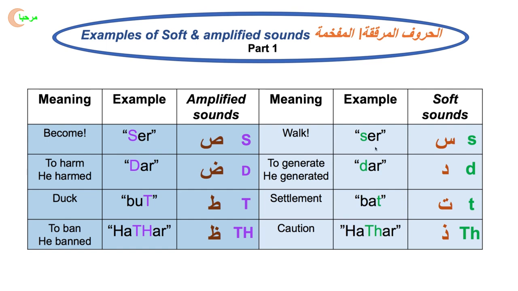So let's compare the pronunciation of the two words, sir and sir. Sir, sir. You notice that the E here is pronounced as an E, but the E here is pronounced as an E. So sir versus sir.